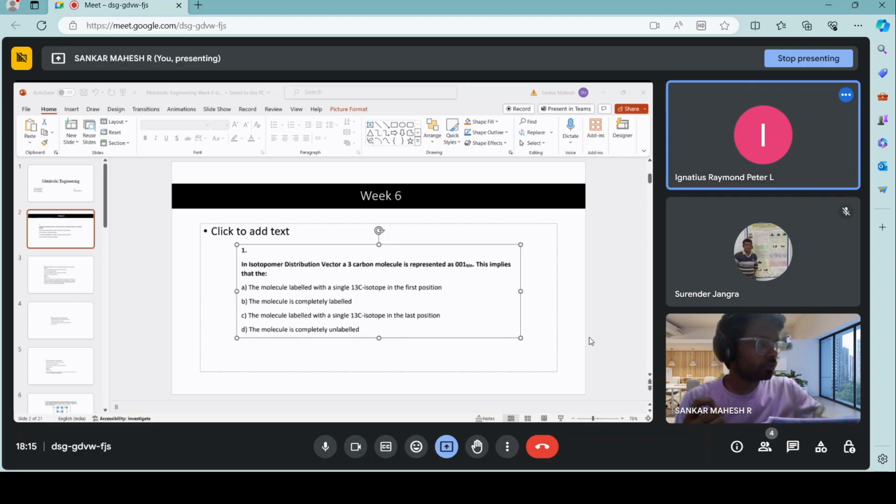Since the question implies that there are three carbon molecules, and 001 implies that each of these carbons could either be labeled or unlabeled. And since the third digit here denotes one, I'm going to go with option C. So the molecule is labeled at the last position. I'm not entirely sure though.